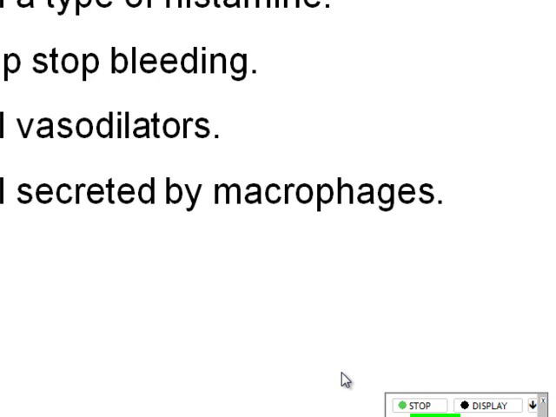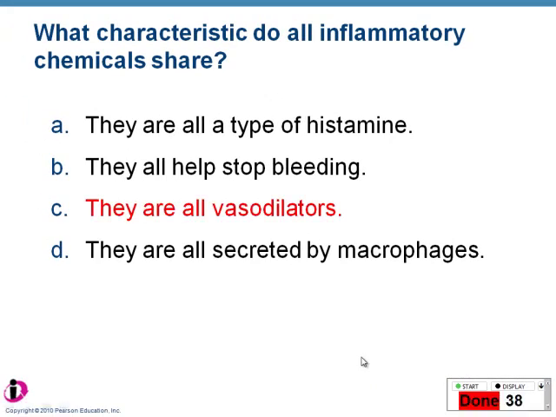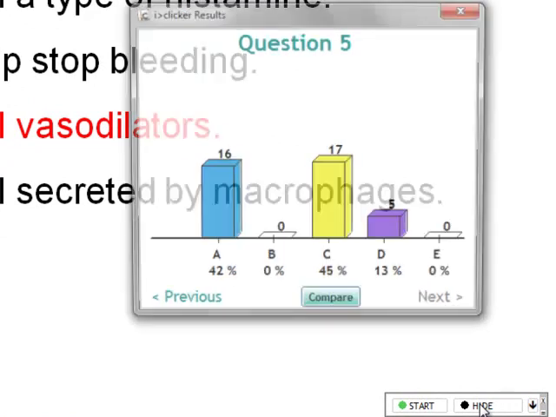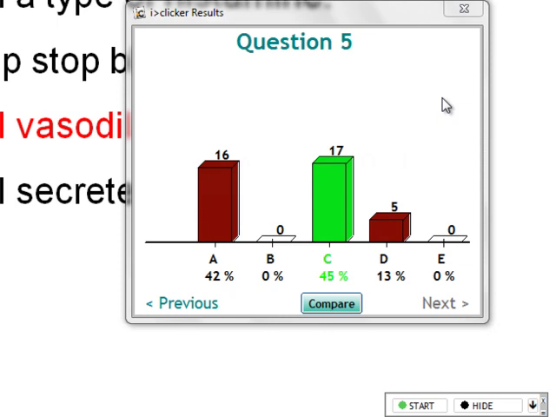What's the answer? All of them. They're not all histamines, are they? No. They don't all stop bleeding? No. They're not all secreted by macrophages? No. But they all cause vasodilation so that things can squeeze out. The answer is C. Histamines are inflammatory chemicals. That wasn't the question, right?